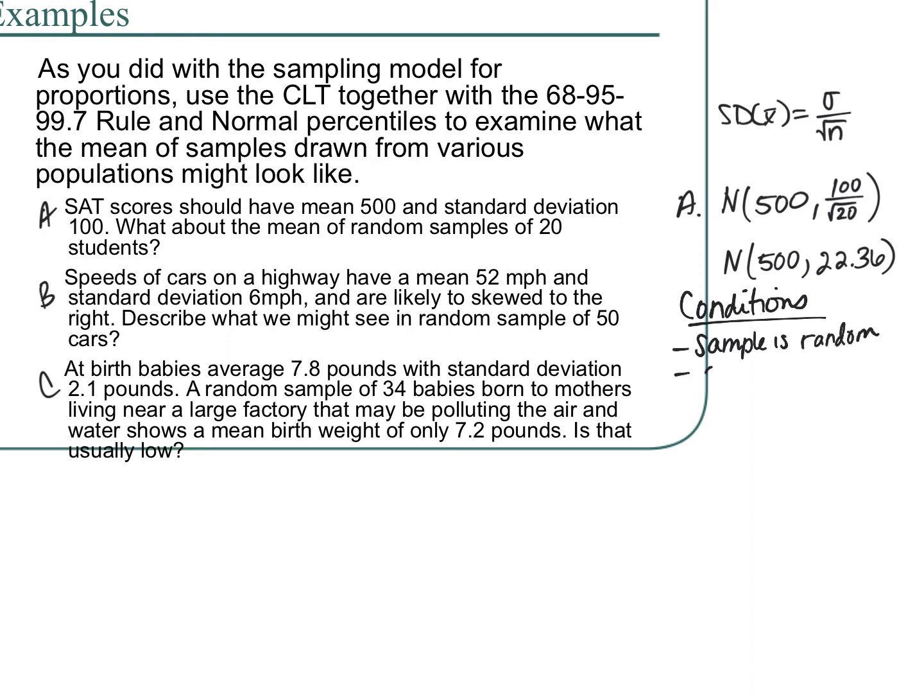Less than 10% has to be true. 20 is less than 10% of all students who took the SAT. And the population is normal. So we can use the normal distribution. We'll talk about using the central limit theorem in the next two.